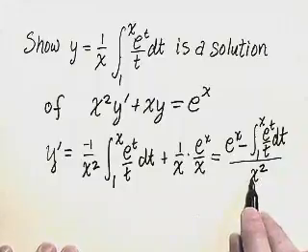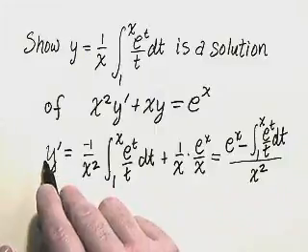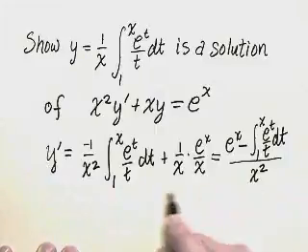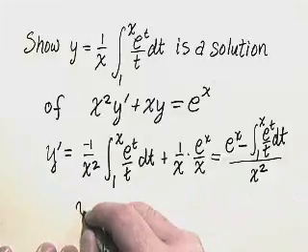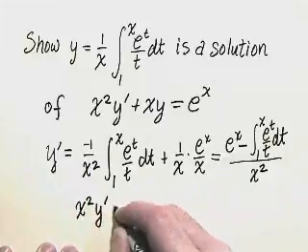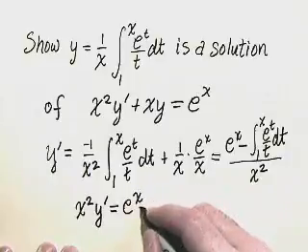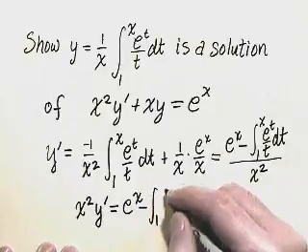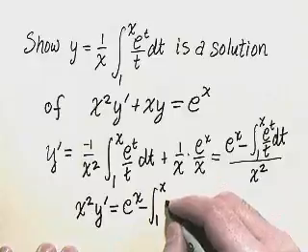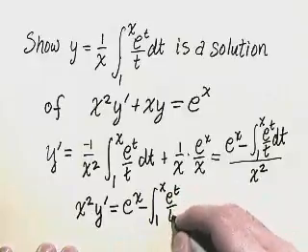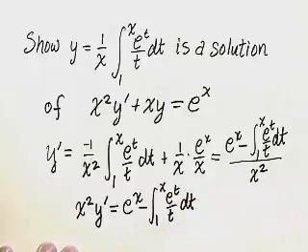So notice what happens when I multiply this equation through by x squared. I get the equation x squared y prime is equal to e to the x minus the definite integral from 1 to x of e to the t divided by t dt.